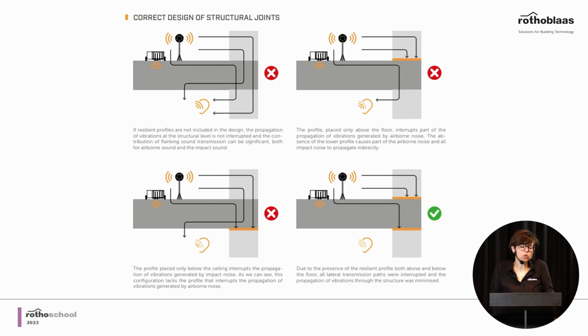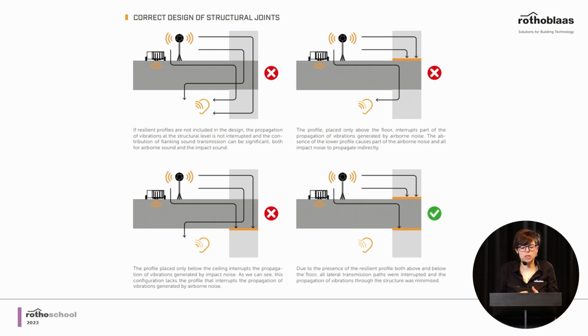So where do we need to put the resilient interlayer? The resilient interlayer needs to be put between floor and walls, and they need to be installed in all the interfaces.